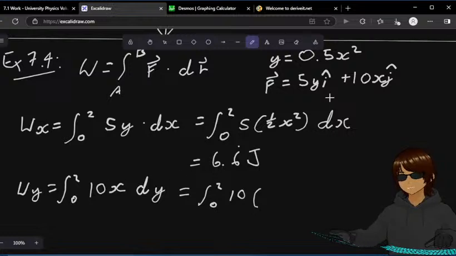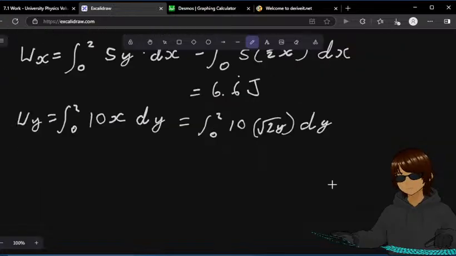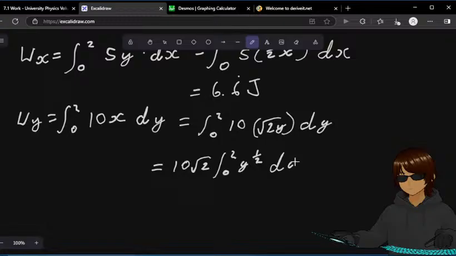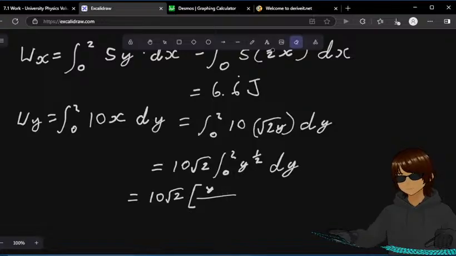Instead of x, we have root 2y. Y to the half. No, no. 3 over 2. 3 over 2.